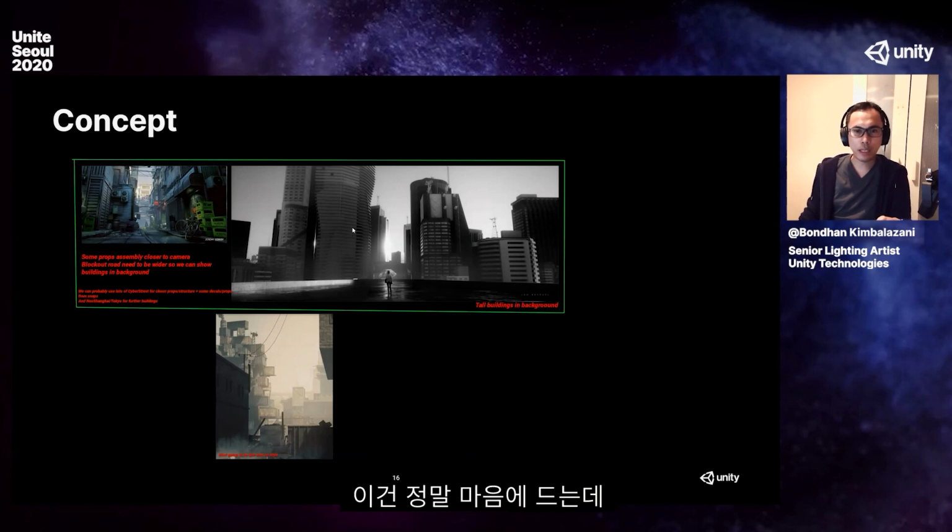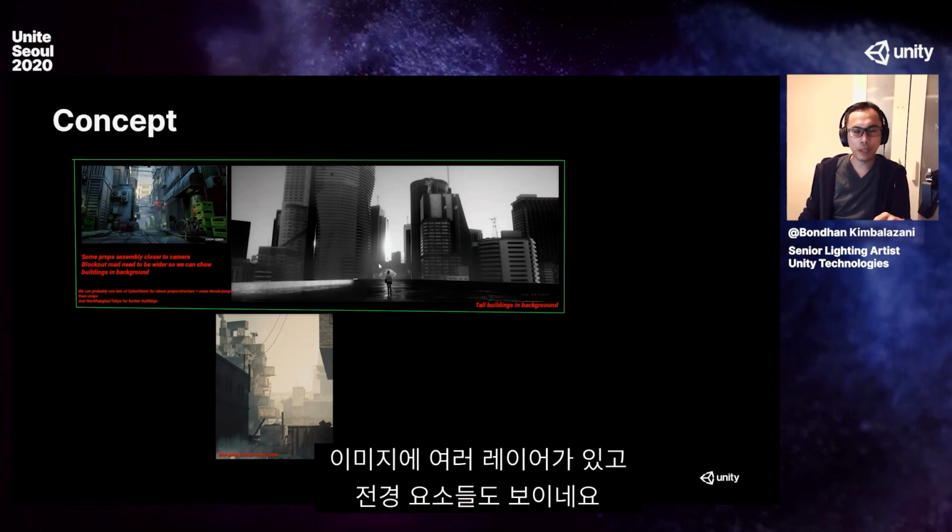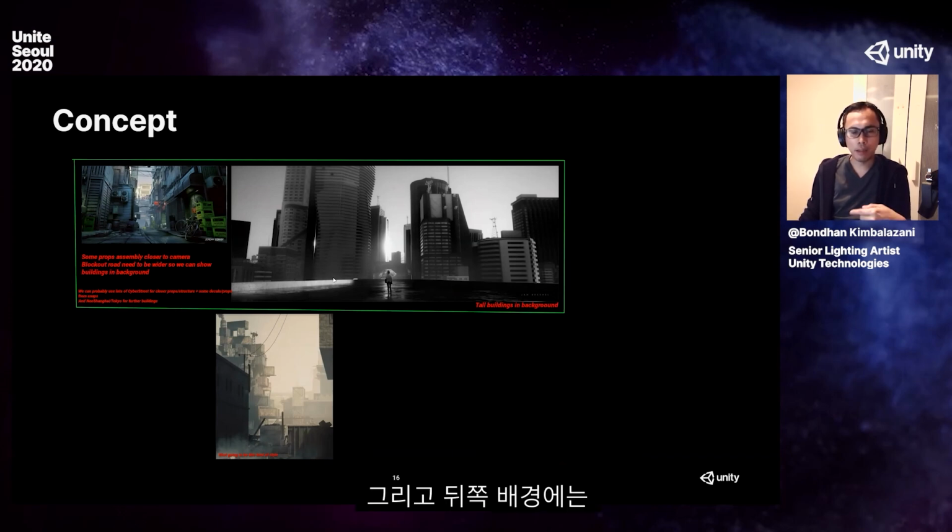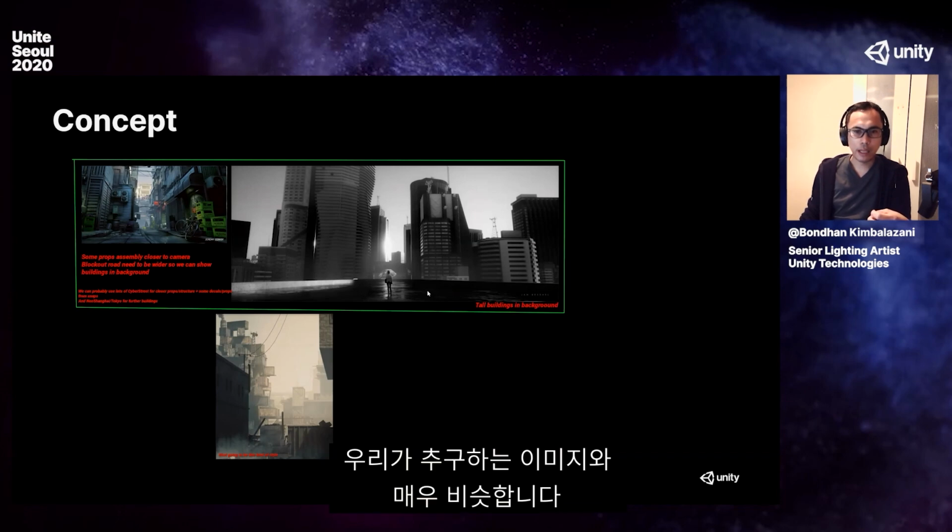This one we really like because there are layers in the image. There are the foreground elements, and then further back there are tall buildings in the vista, and that's the kind of direction we want to go with.